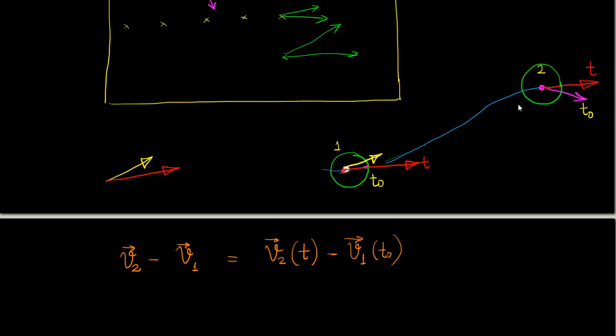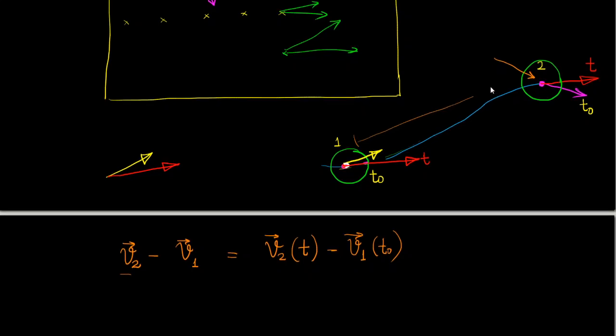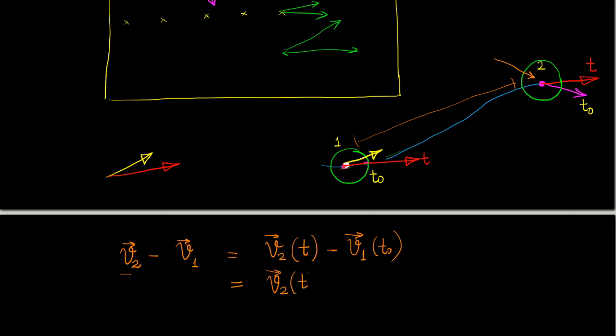Because on arriving at point 2, the particle will see that it has taken a certain amount of time to go to this place, and it has now encountered a different velocity. And this change may be written as v2 at time t minus v1 at time t plus v1 at time t minus v1 at time t naught. Essentially, I have added and subtracted v1 at time t.